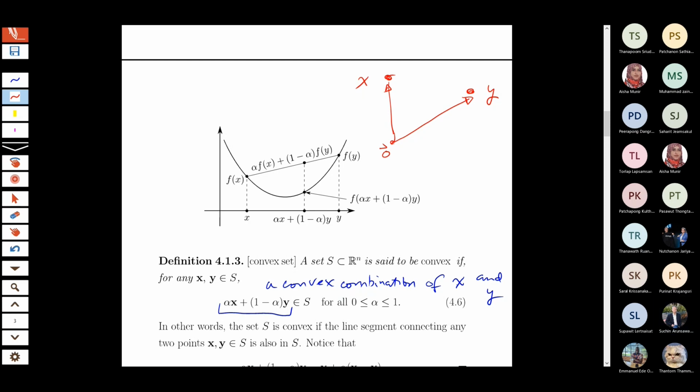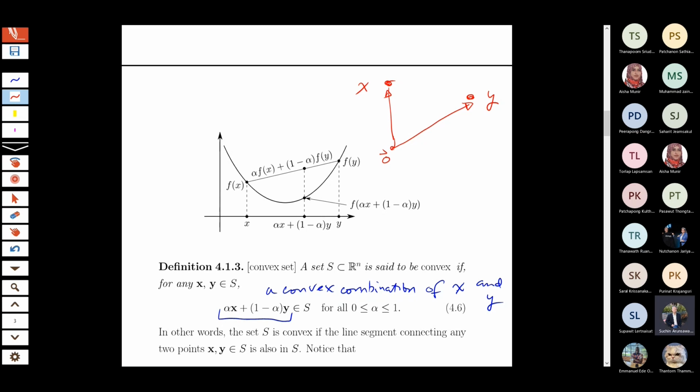The point alpha x plus 1 minus alpha y is a point that lies on the straight line connecting x and y. Can you see this?